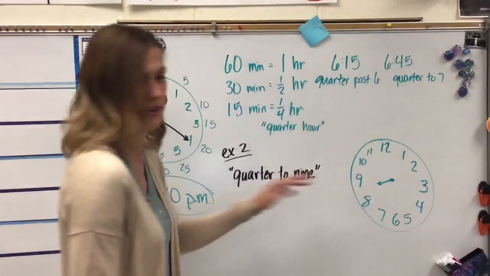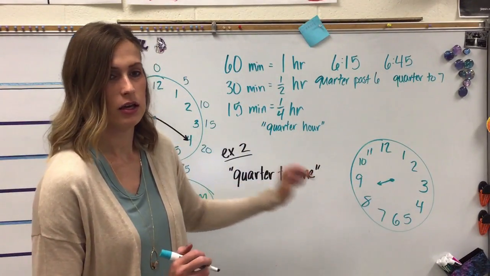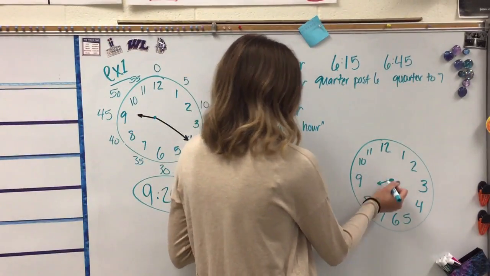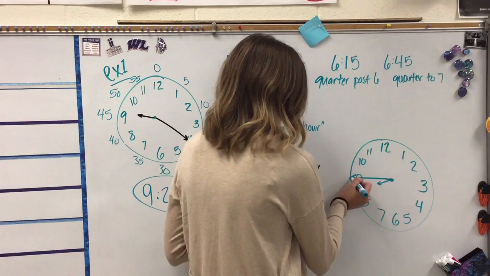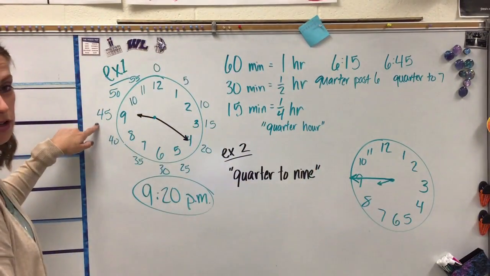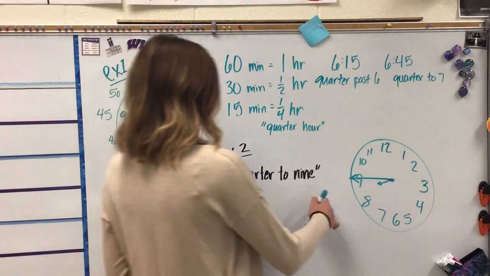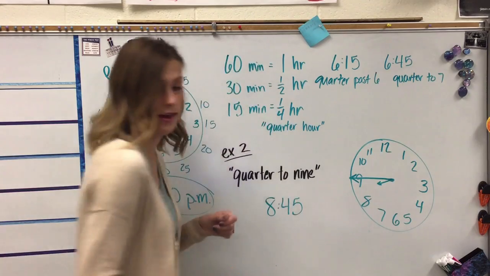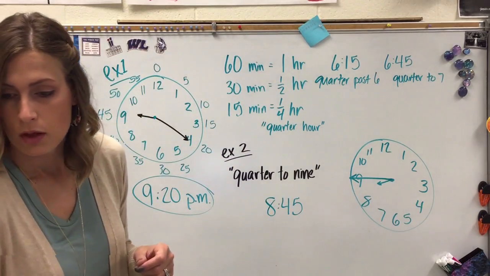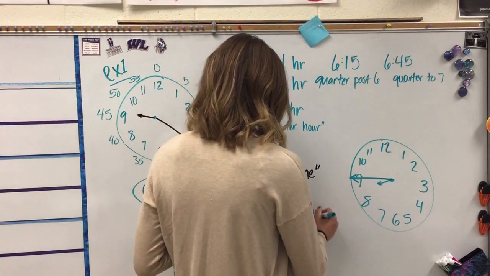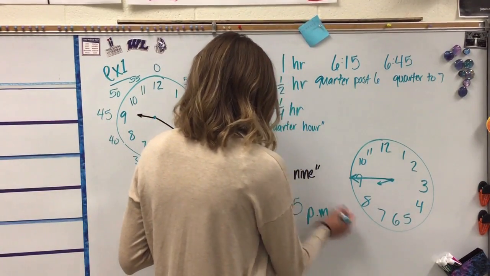So notice I just pointed it a little bit below 9 o'clock. It's quarter to 9, which means it's almost 9 o'clock, so we're 15 minutes before here. So this 9, remember, is 45. So quarter to 9 would be 8:45. We were doing 8:45 in the evening, so it'd be 8:45 p.m.